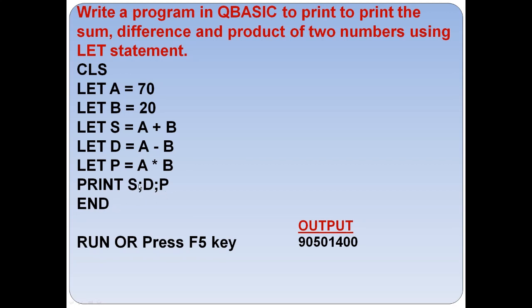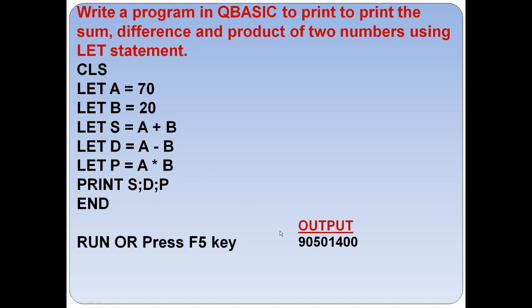The difference is, if we write a comma, then space will come between these terms, but when we put a semicolon between them, there is no space. Then run and press. Sum, 70 plus 20 became 90.